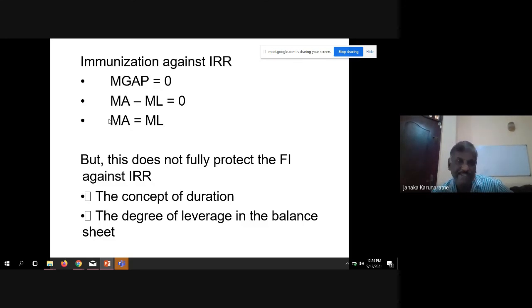But try to minimize. So what you try to do is at least ensure the gap is at a comfortable level so that you can manage the risk to a somewhat comfortable level.